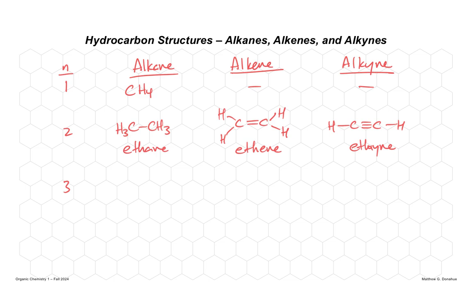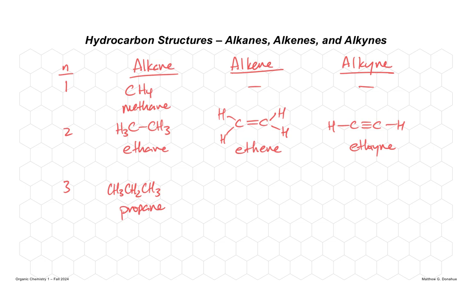And so we can just continue the trend here. So CH3, CH2, CH3. This would be propane. And so now we have 3 carbon atoms. It doesn't matter in this structure where we remove the H2 from.